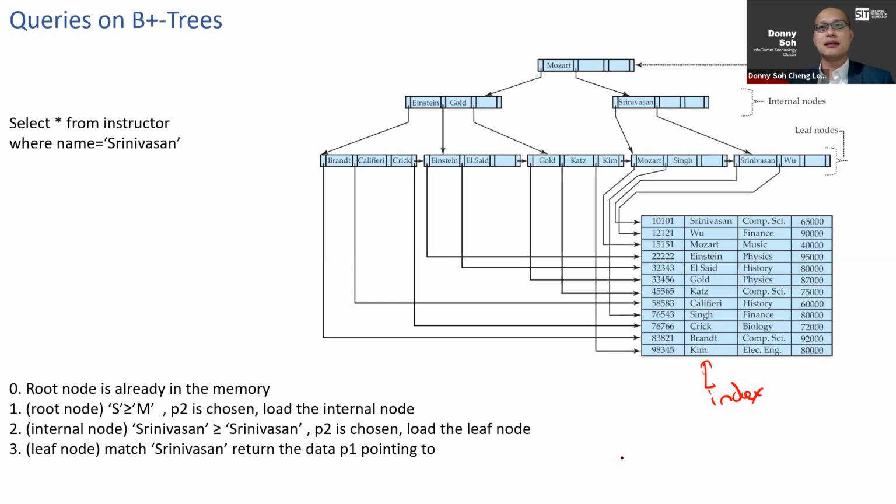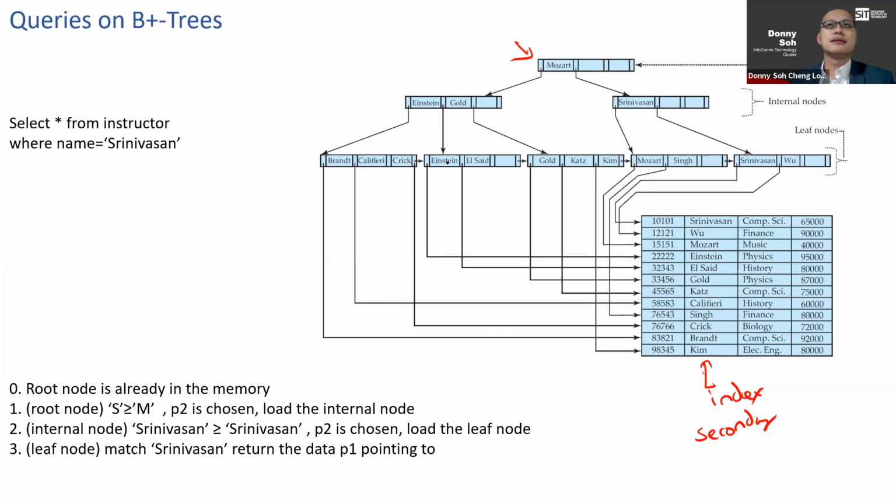In this particular scenario, this is a secondary index because it is not arranged in alphabetical form. So what we do is, the root node is already in memory. Actually, this example is quite simple.